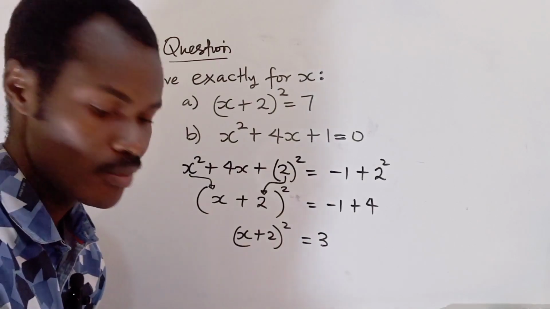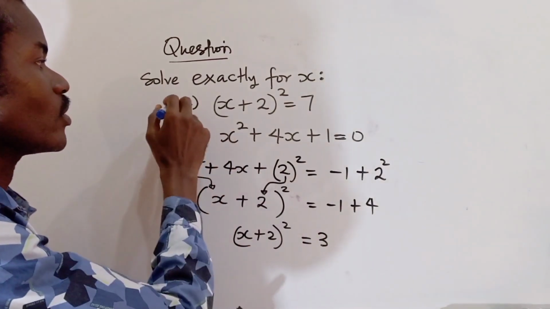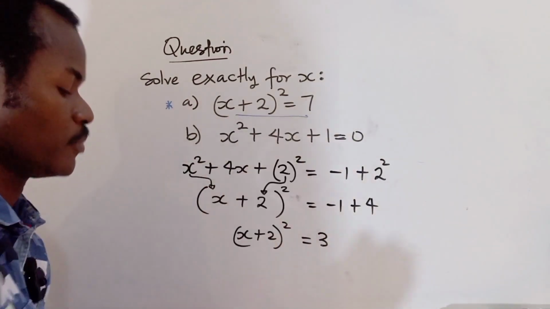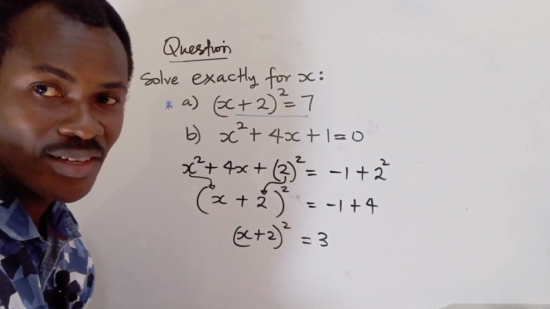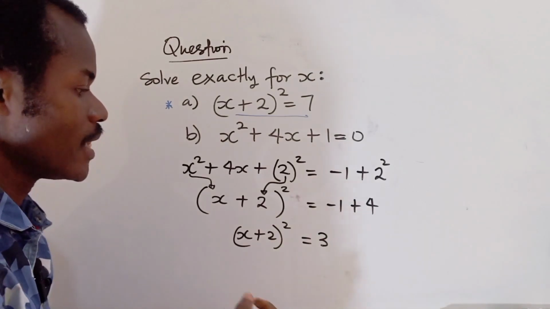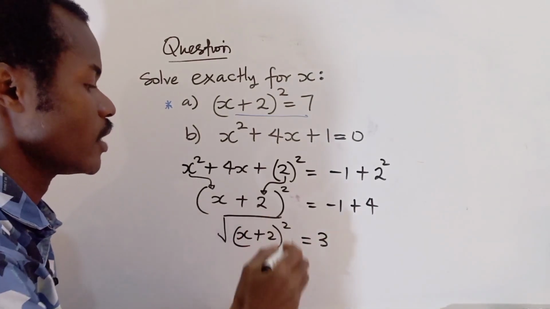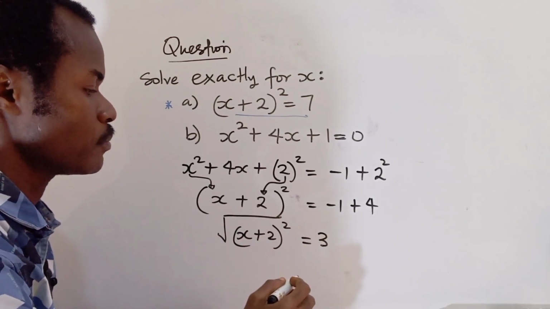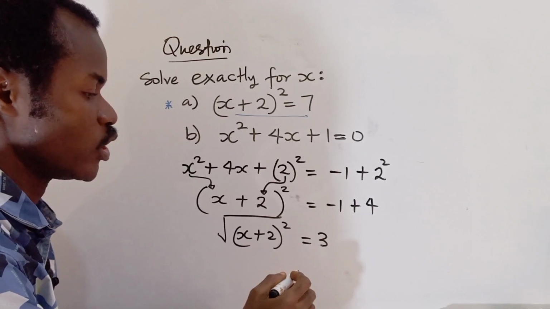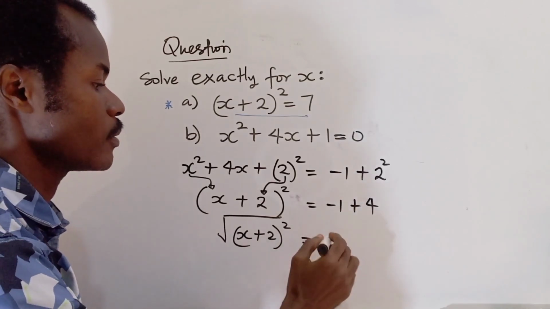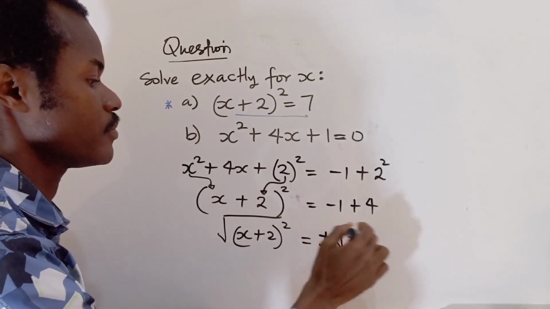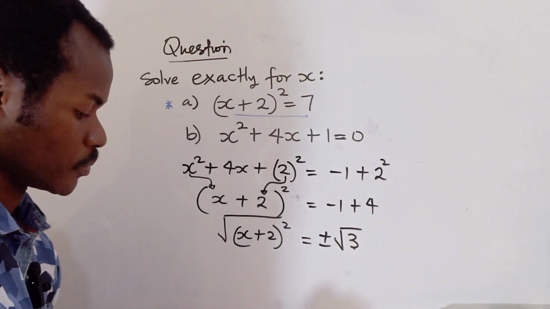Now if you observe what we have, it now looks like the previous case, so we can solve it like that case. So all I need to do here is take the square root of both sides, ensuring that I put my plus minus here.